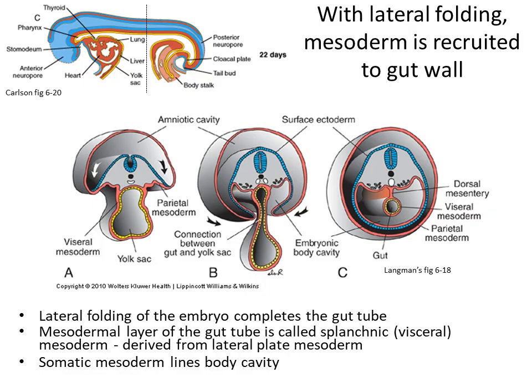You can see the dorsal mesentery, visceral mesoderm, and parietal mesoderm. Lateral folding of the embryo completes the gut tube. The mesodermal layer of the gut tube is called splanchnic mesoderm, derived from the lateral plate mesoderm, and the somatic mesoderm lines the body cavity.